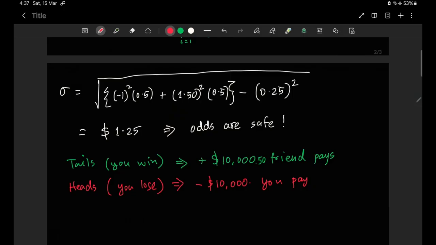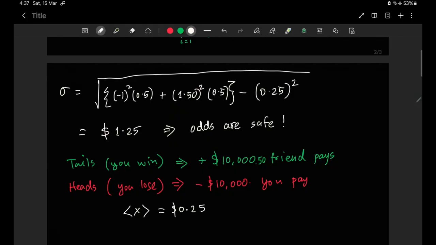Then a quick calculation would reveal that the expectation value of your X is still 0.25. So the expectation value of X just means the expected outcome of this experiment for you would still be 0.25. So you would think initially, okay, this is the same game. But remember, you're either losing 10,000 or just gaining 10,000 and 50 cents.